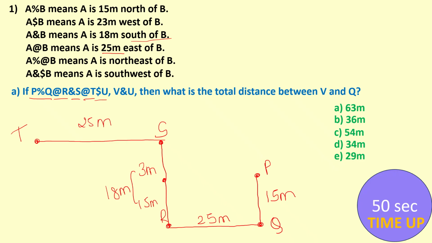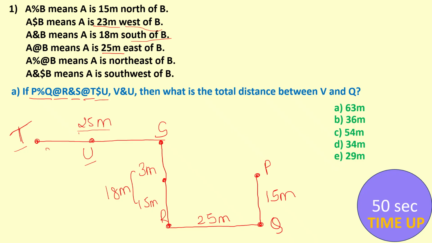Next, T dollar U. T dollar U means what? T is west of U. So if T is west of U, by how many meters? They have said 23 meters. So U should be placed somewhere here. So the total distance between T and S is 25 meters and the distance between T and U is 23 meters.